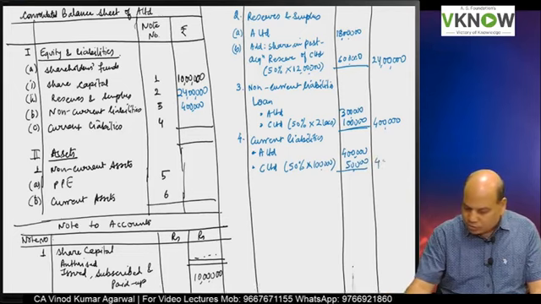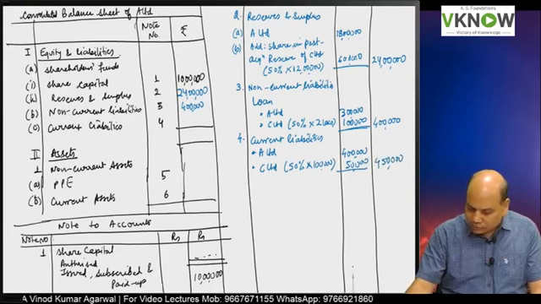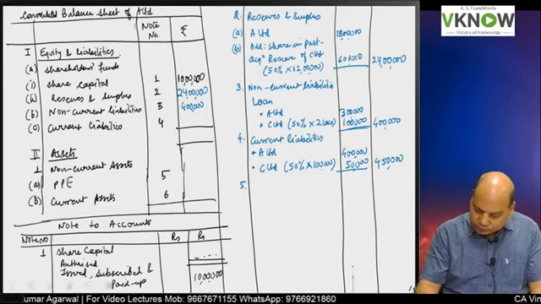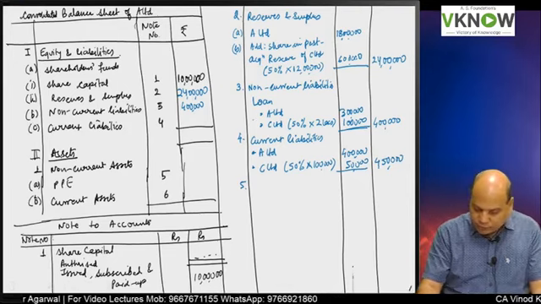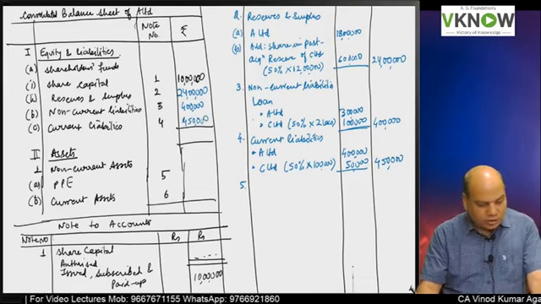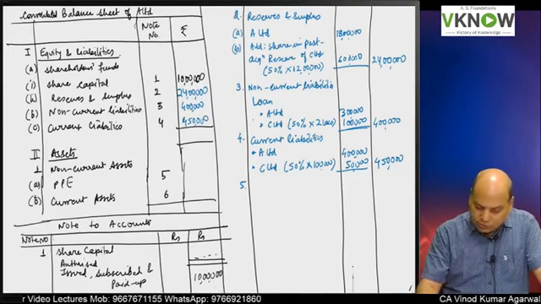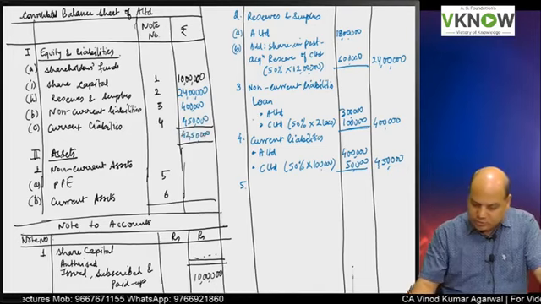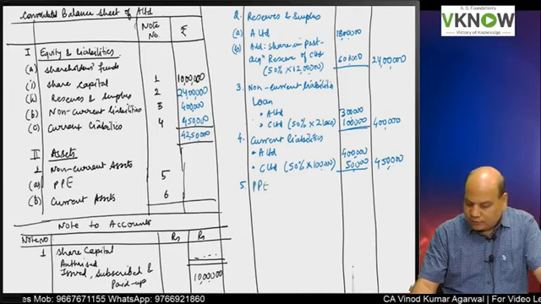So this total comes to 4 lakh 50,000. Then note number 5 we have, first you write 4 lakh 50,000 on the main balance sheet, take the total, that is 42 lakh 50,000. Note number 5 PPE.